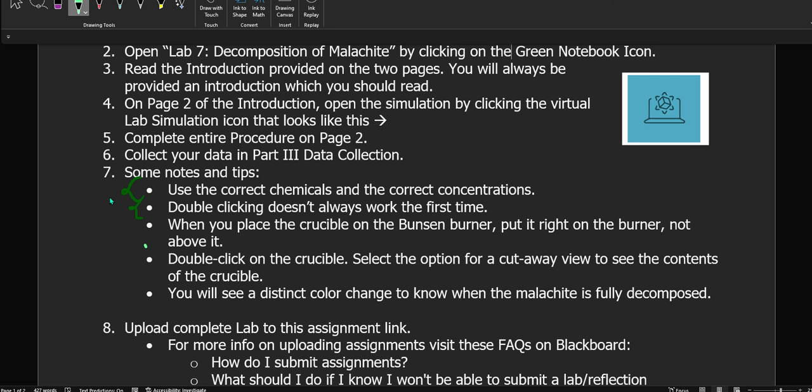And then in order to see inside the crucible, remember that you can double click it and that opens up the crucible to let you have a cutaway view for this. And then finally, be on the lookout for the distinct color change that will happen once the decomposition is fully complete. So you will see a distinct color change when the malachite is fully decomposed.